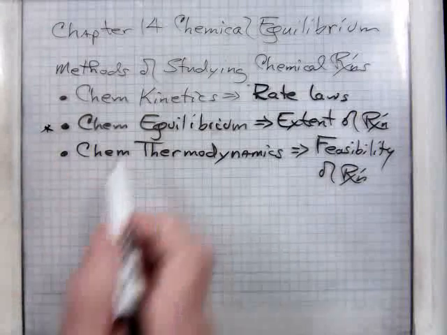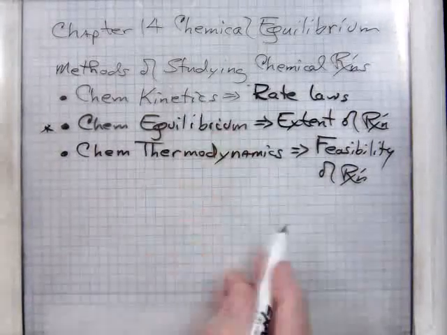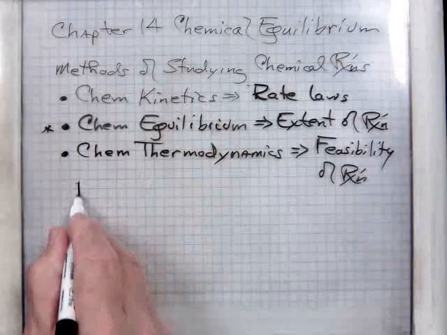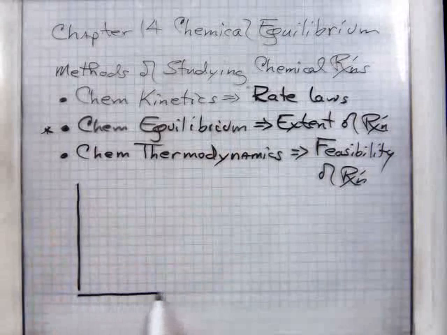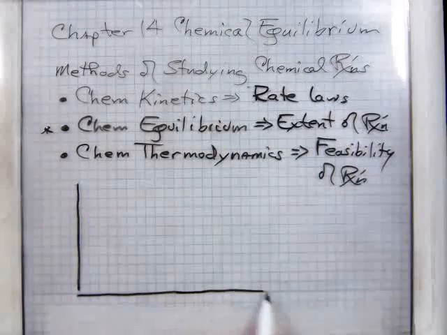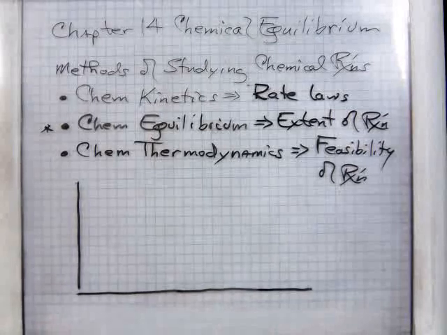To understand how chemical equilibrium relates to chemical kinetics, we'll start with a graph I've drawn a number of times. It talks about the concentration changes in reactants as a function of time.